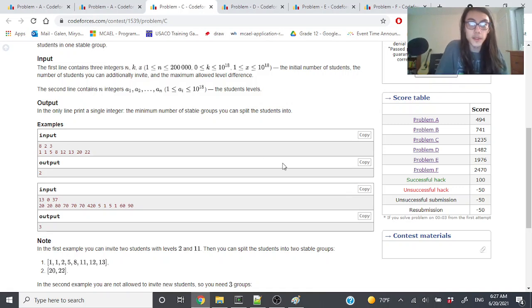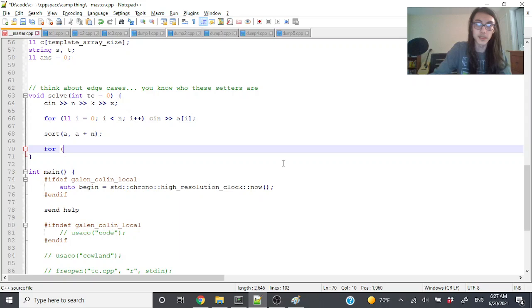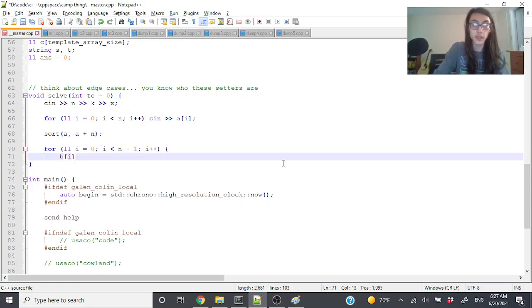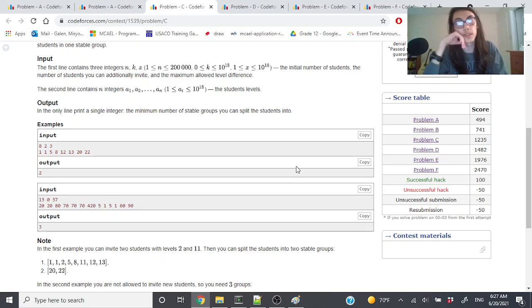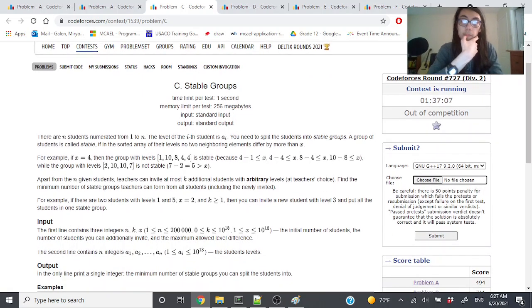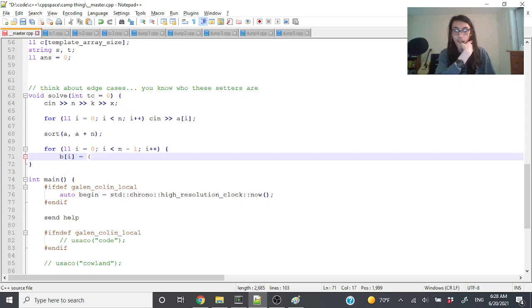So essentially we're going to figure out for each adjacent person how many people we need to insert to have them be in the same group. BI is equal to, how does this work? So it's AI plus 1 minus AI, and then it should be less than or equal to x, which means we also have to subtract 1 to sort of offset it over x.